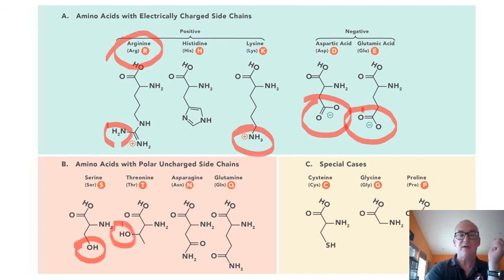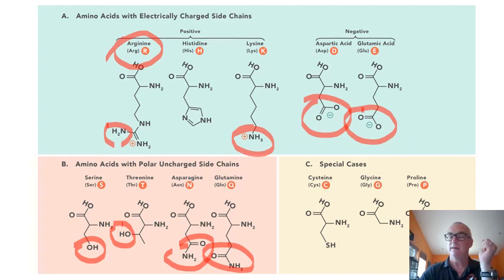We have asparagine that has an amide bond. We have glutamine that has an amide bond. And then we have cysteine that is a thiol. So all of these functional groups you're going to find on amino acids, because it's amino acids that have to catalyze these reactions.